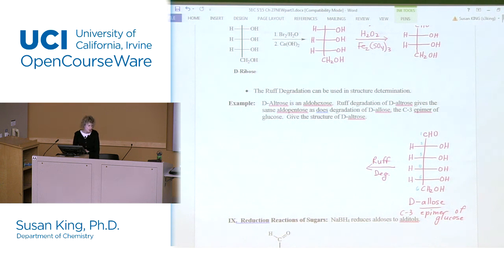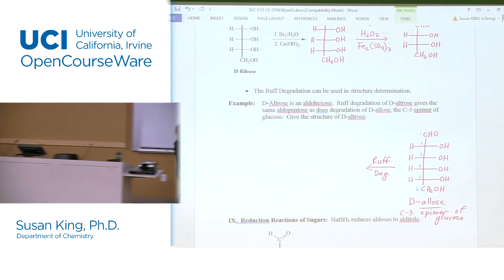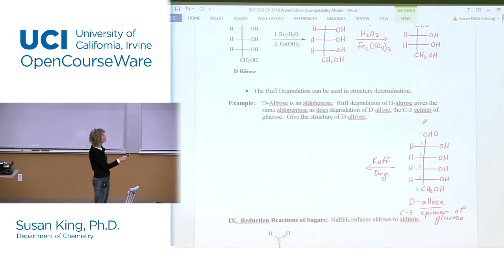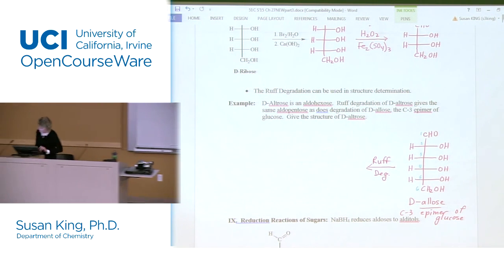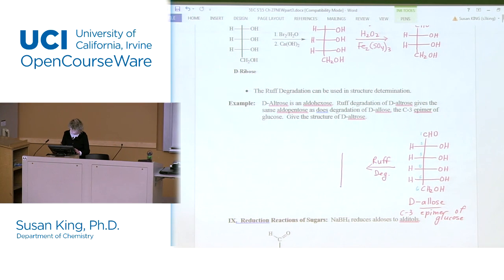All right, so remember what happens here is that this is oxidized to a carboxylic acid, and then we do oxidative decarboxylation, so this comes off, and then carbon number 2 is converted into an aldehyde. So let's draw that. So carbon number 2 is now our aldehyde.